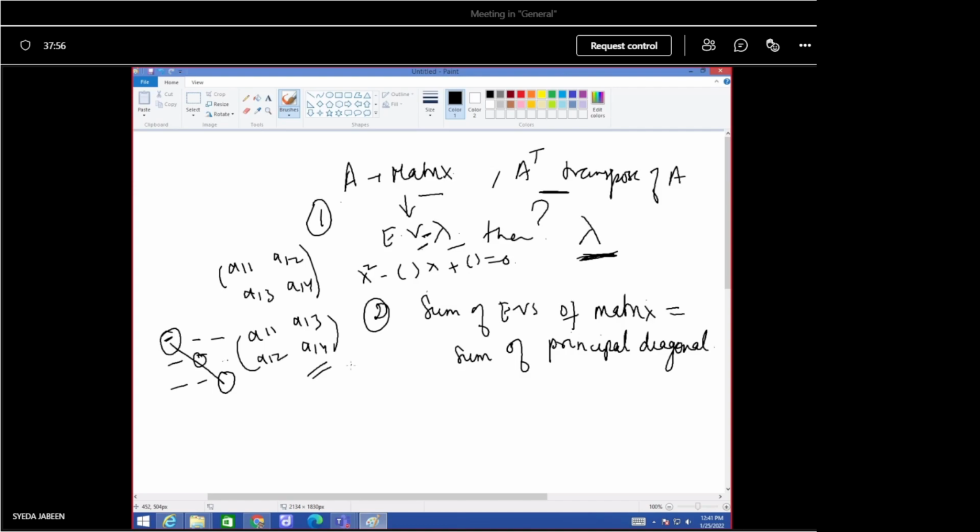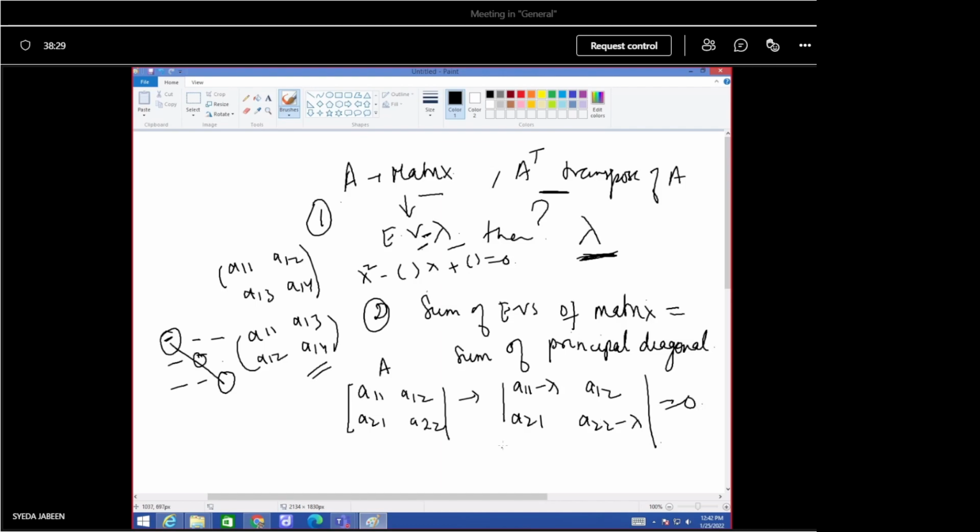Now how does this happen? Like if I take a simple example, if we take this example itself. If I take the example A11, A12, A21, A22. To get the eigenvalue, what do we do? This is the matrix A. For the eigenvalue, we take the determinant of A minus lambda I. So A11 minus lambda, A12, A21, A22 minus lambda.